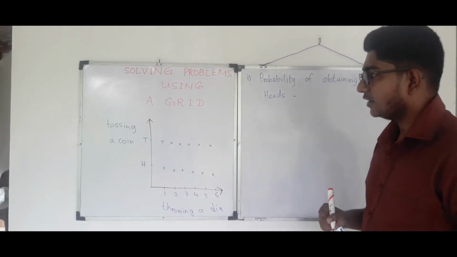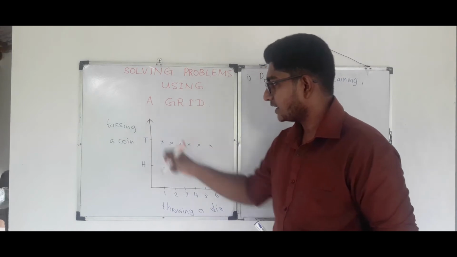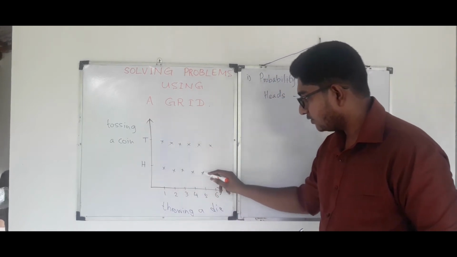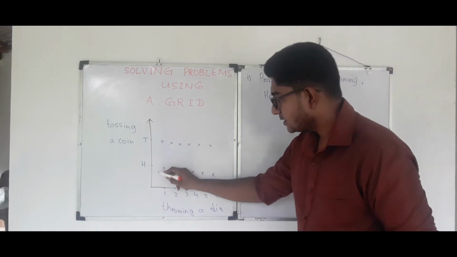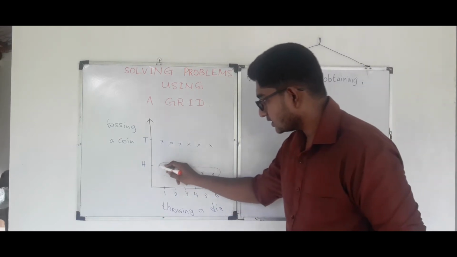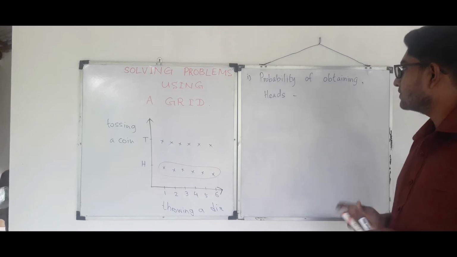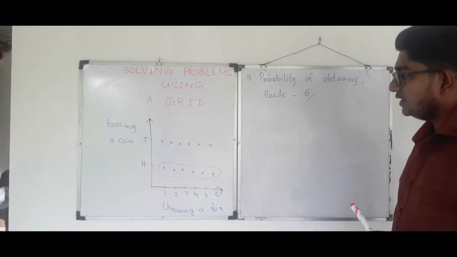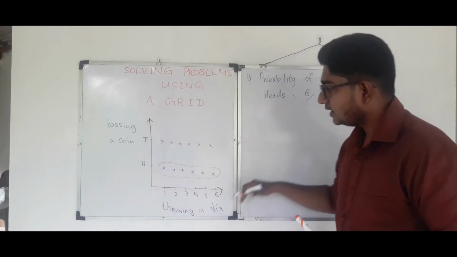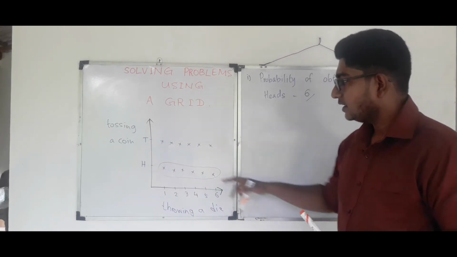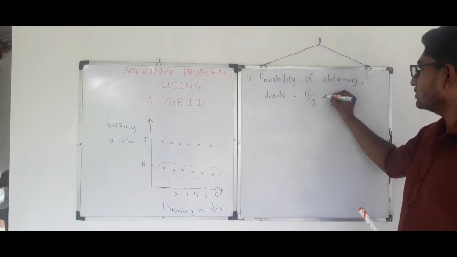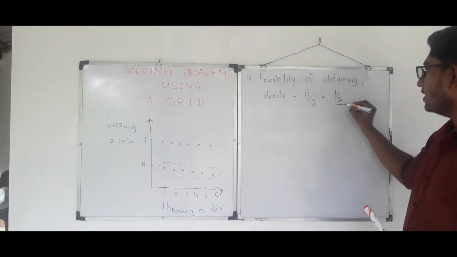How many crosses are there? 1, 2, 3, 4, 5, 6. We have 6 crosses. That means our numerator is 6. The denominator should be the total outcomes. Here we have 6, and with this 6, it is 12. So the probability is half.